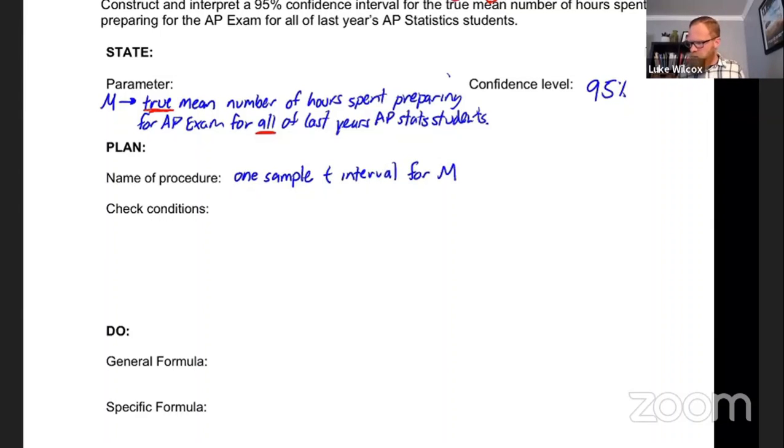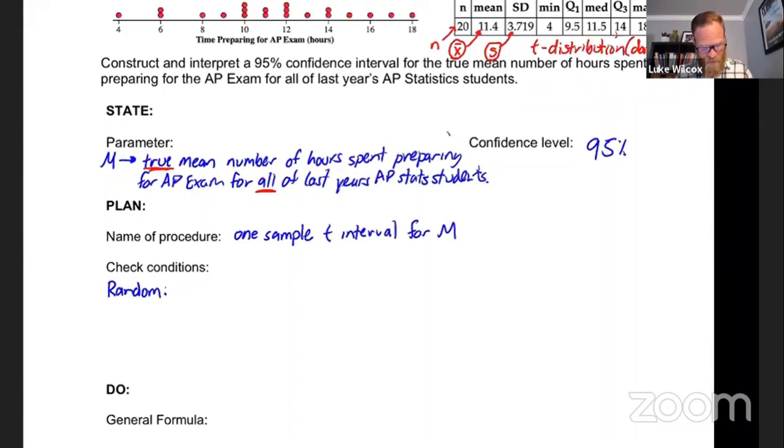All right, so we are now ready to check conditions, and these are going to look hopefully very familiar to you. We are going to start with the random condition, which is where we check that we do in fact have a random sample. And this is given to us right in the wording of the question right up top here.